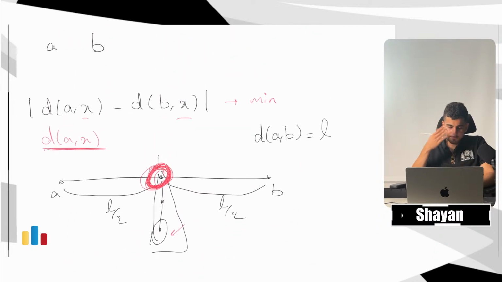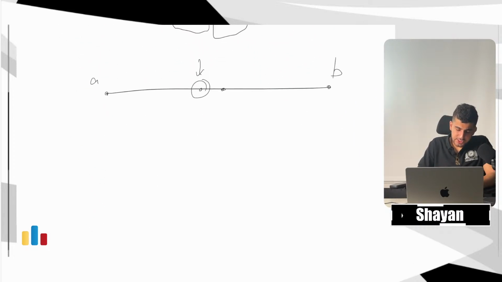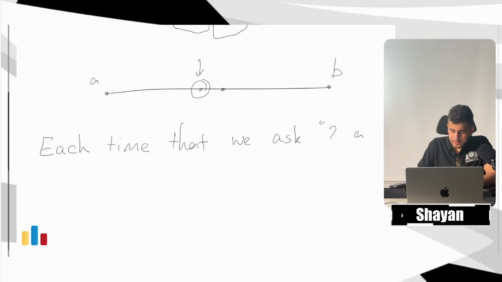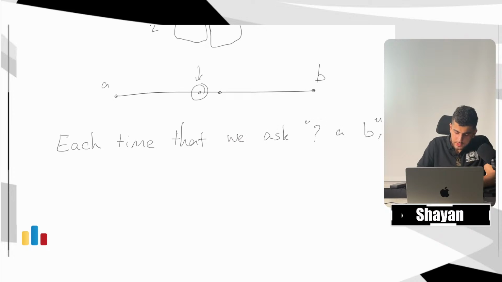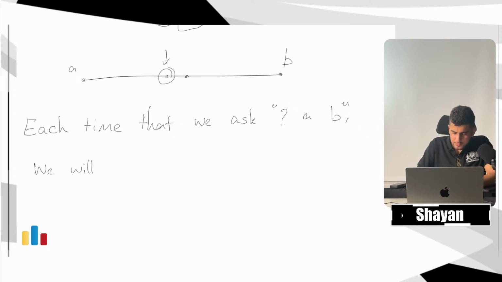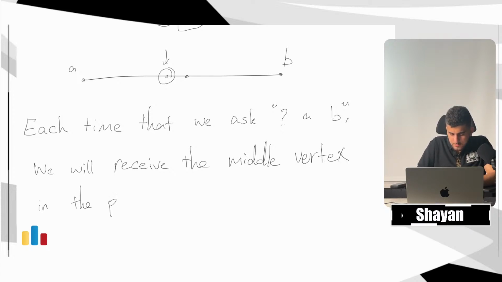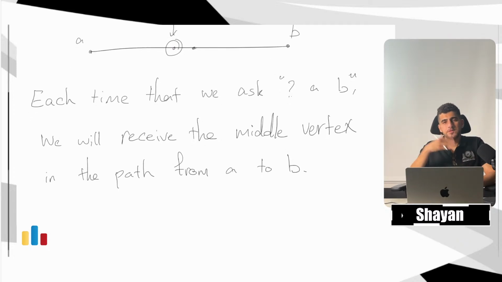So if we simplify the definition for X, we can say that each time we ask A and B, we will receive the middle vertex in the path from A to B. And if there were two, we will receive the left one.